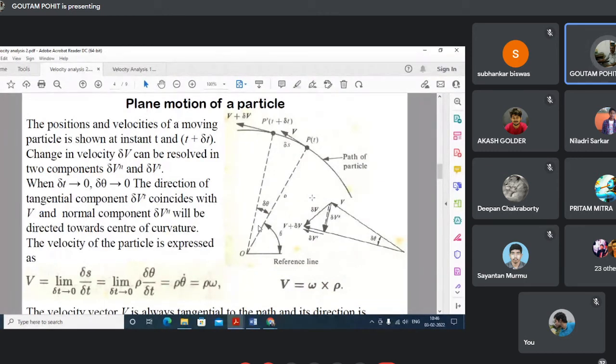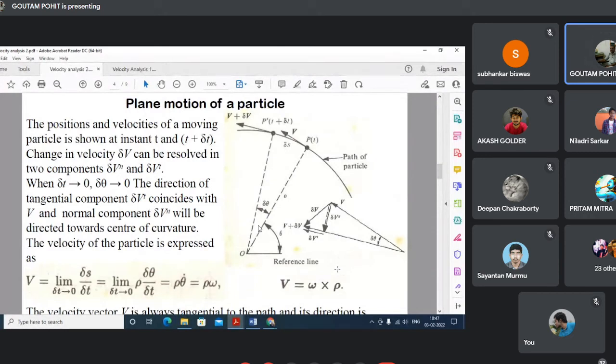This is delta v, and this is v, and the angle will naturally be delta theta. Now this delta v will have two components actually: one is delta v normal, and the other is delta v tangential.